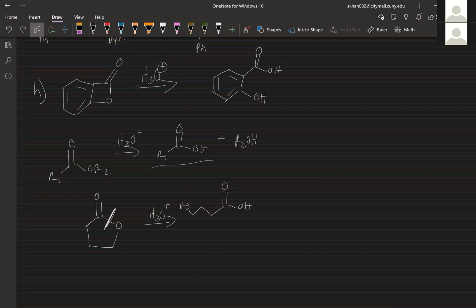Let me just pause the share screen right now and open up the PDF reader, which I don't know where it is right now.